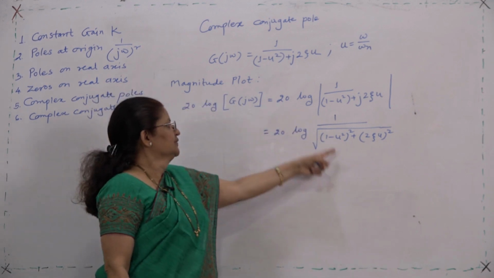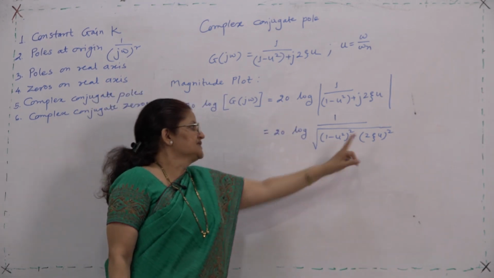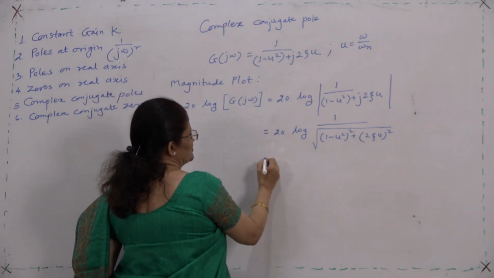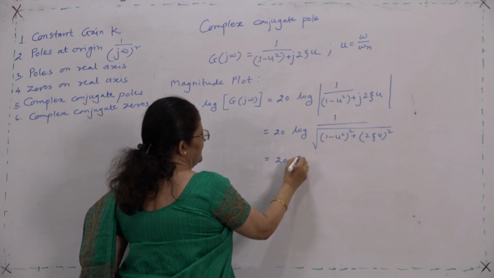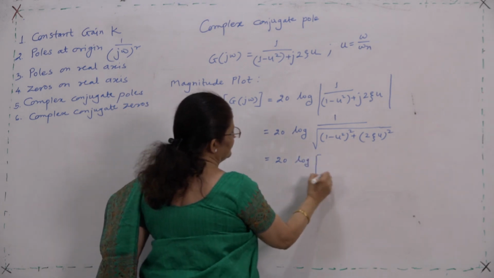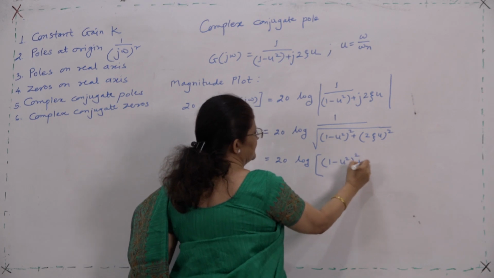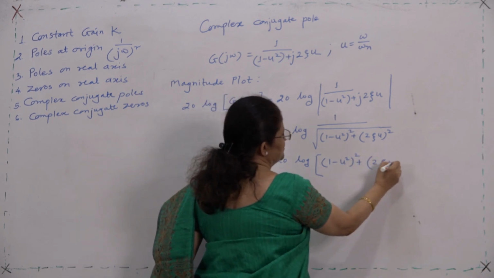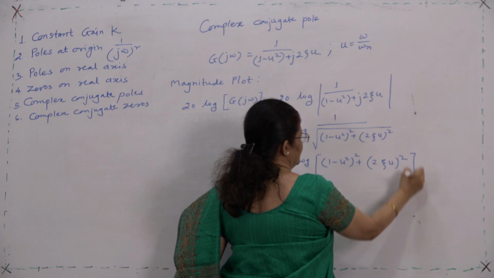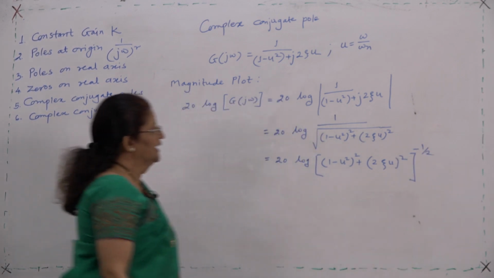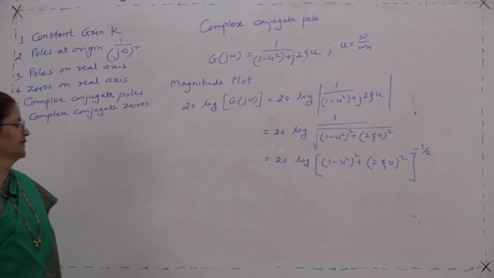Magnitude of this we can write as real part square plus imaginary part square. Take the logarithm of this. So, what we will get here? 20 log of, I can write the same as [1 minus u square] bracket square plus [twice zeta u] square, and this is minus half, under root, and it is at the denominator.